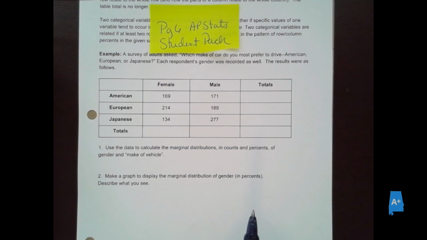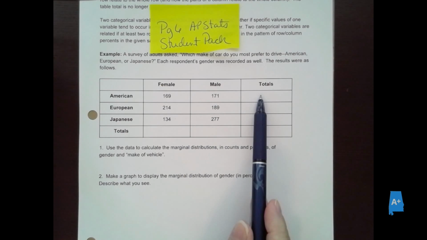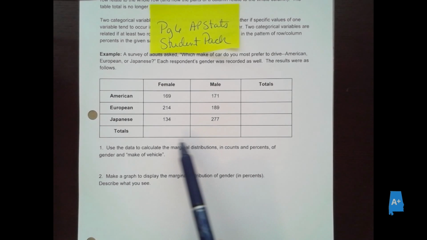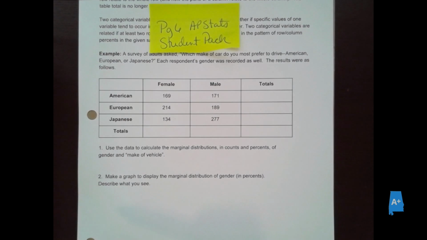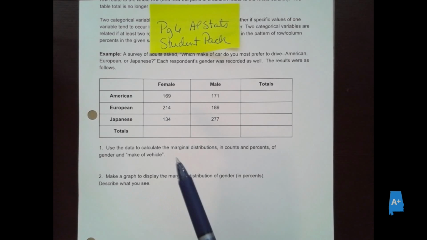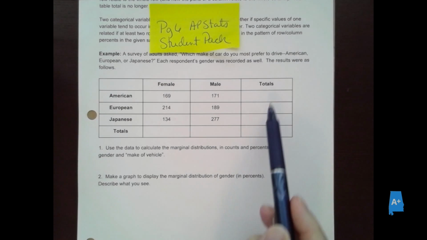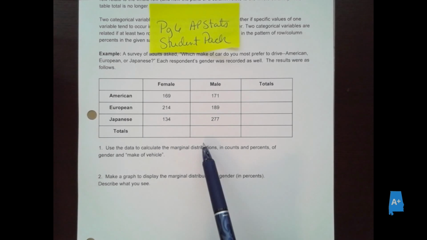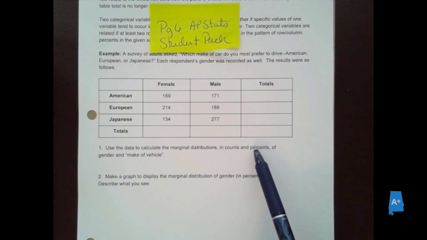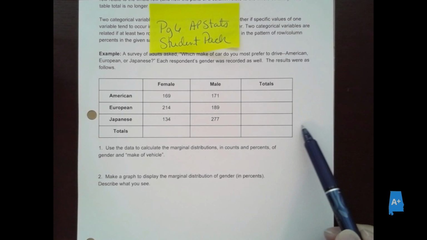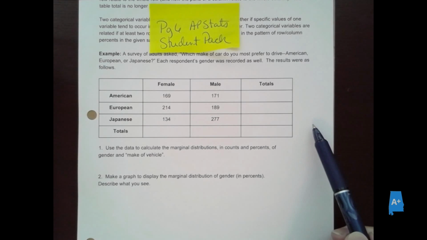But the total of female is a subcategory of the entire total of people. Okay? So marginal distributions or marginal frequencies will happen on the margin of the table, and they are subcategories of the total population. In a moment, I'm going to ask you to stop the video, and when I do, I would like for you to complete the totals and also go underneath and do the relative frequencies of each marginal frequency.